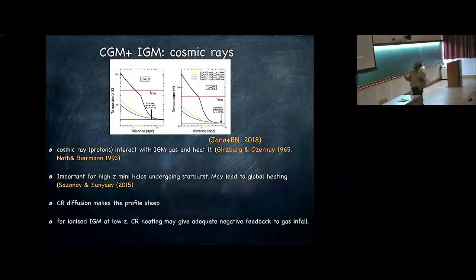Recently, we looked at the effect of cosmic ray diffusion, which tells us that the temperature profile can be steep, although it will be on such a small angular scale that it will be difficult to observe. But the heating due to cosmic rays at or beyond the virial radius, in some cases even at low redshift, may be important as a sort of negative feedback for gas infall.